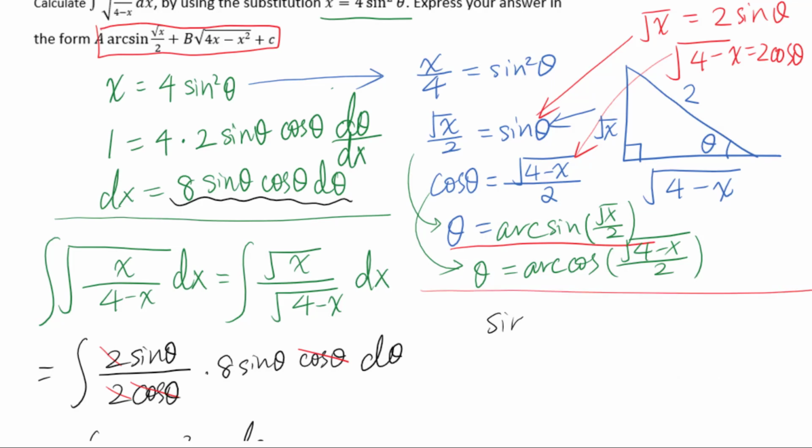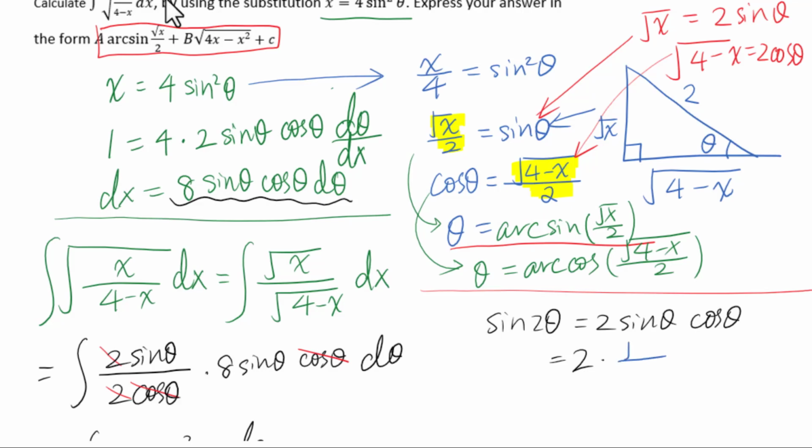For sine 2 theta equals 2 sine theta cosine theta. We know sine theta equals square root of x over 2, and cosine theta equals square root of 4 minus x over 2.